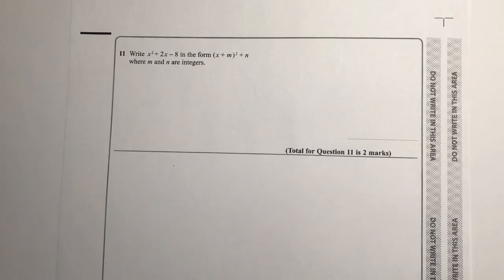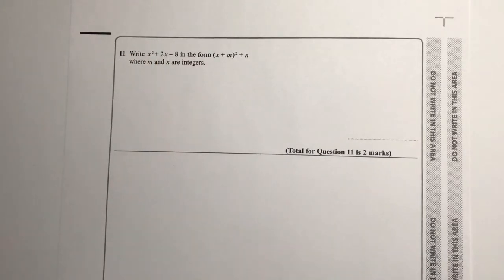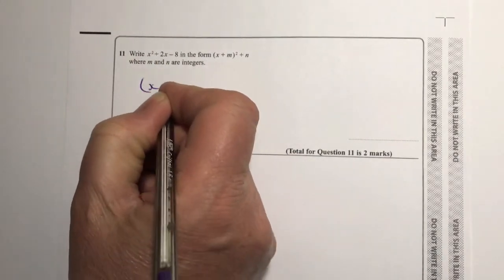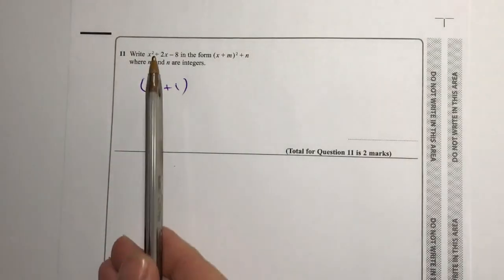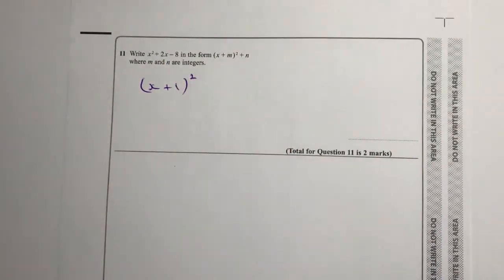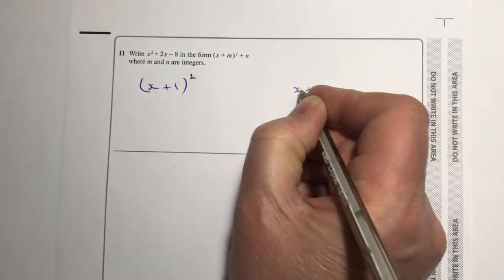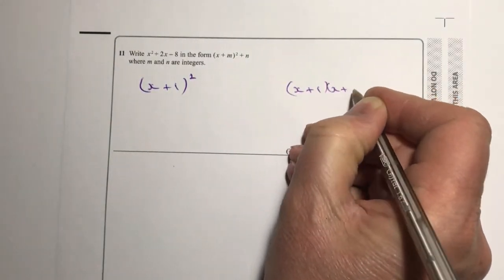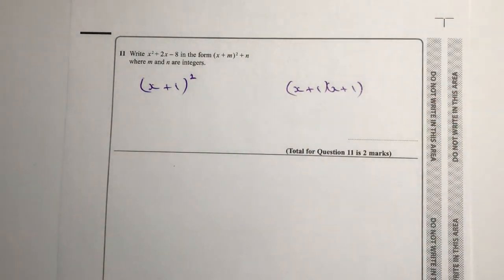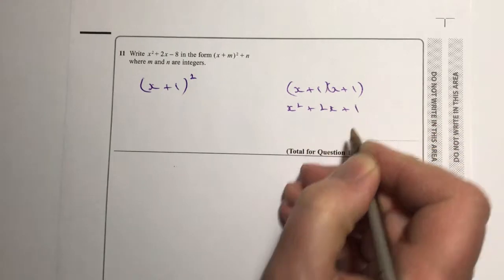Okay, so the technique is that we take the first two terms and write it as (x plus 1) squared. So we halve the number 2 to become 1 and we square it. Now if we look at that, we end up with (x plus 1) times (x plus 1), which works out to x squared plus 2x plus 1.